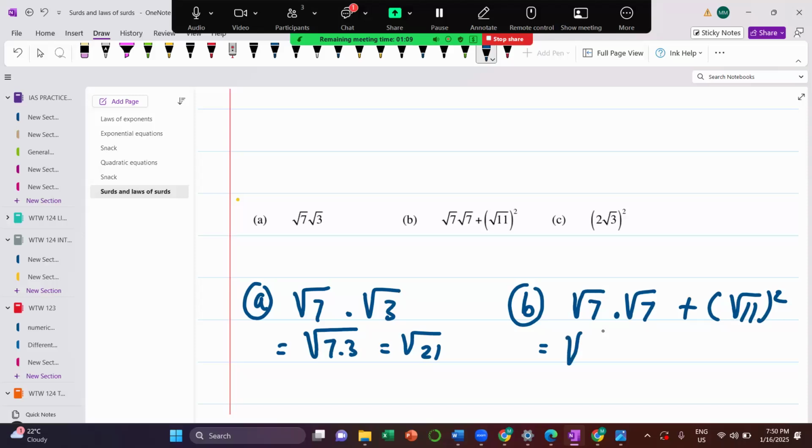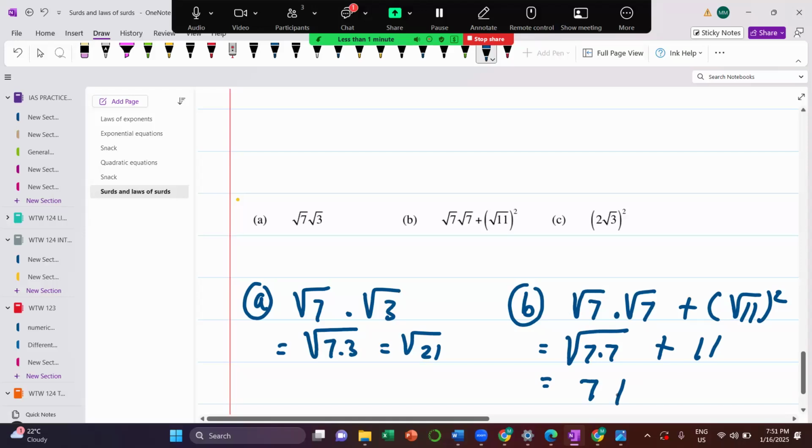So I'm going to have square root of 7 times 7, plus, I have the square root here and then I have a 2 here, so those two are just going to cancel each other and I'm going to be left with 11, right? If I take this and put it into the calculator, I'm just going to get 7. So I'm going to have 7 plus 11, which is just equal to 18. Are you guys okay?